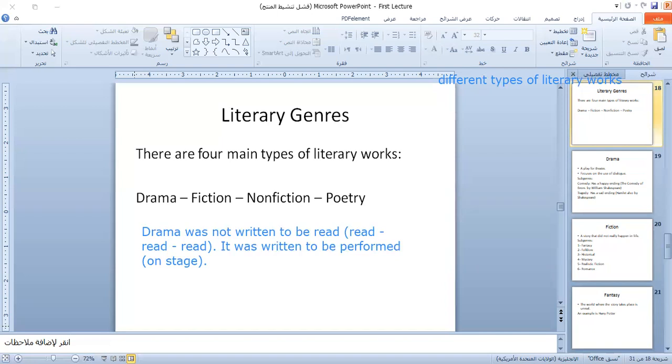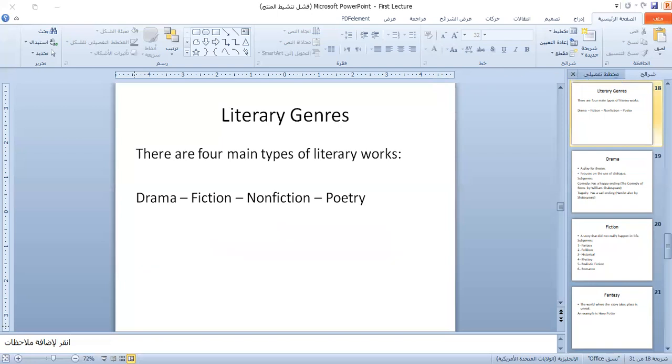And with drama, it's all dialogue. We might have dialogue in a poem, but a poem can't be just dialogue. If we look at drama, it's a play for theater and uses dialogue heavily, or it only uses dialogue.